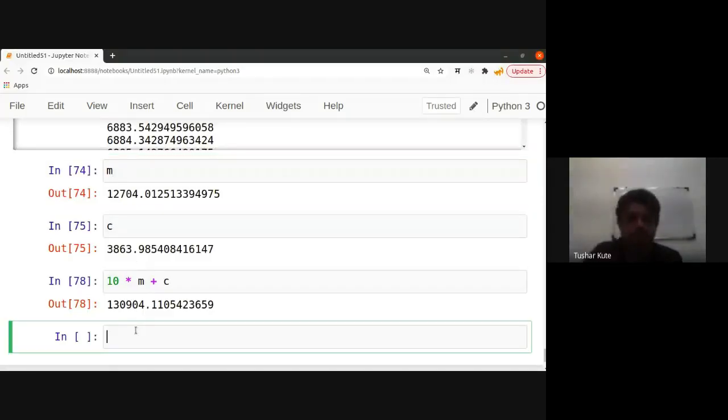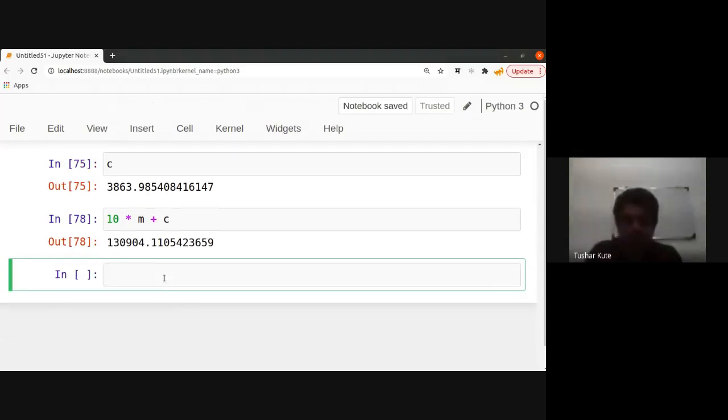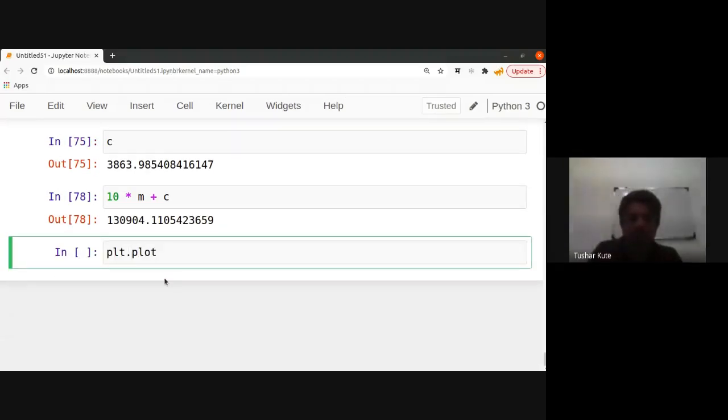Gradient descent. Fine. And we'll get the end value, m is equal to this one and c is equal to this one. And then we have predicted the data with the help of this given set of m and c. Fine. And now if you plot that, then what will happen?